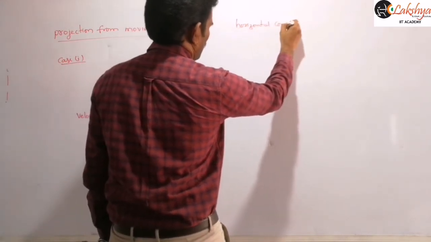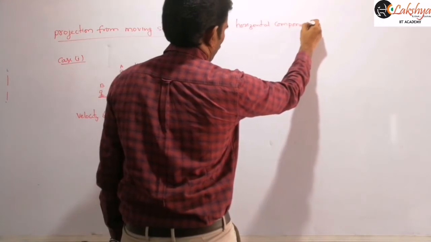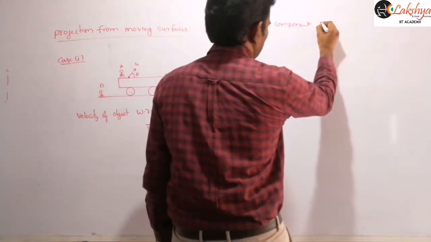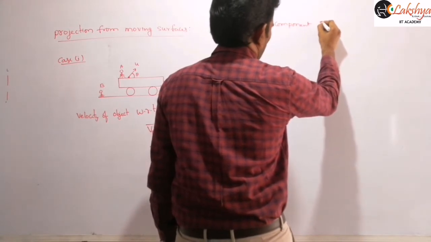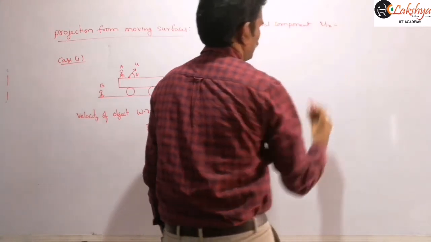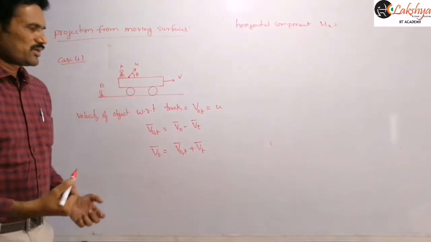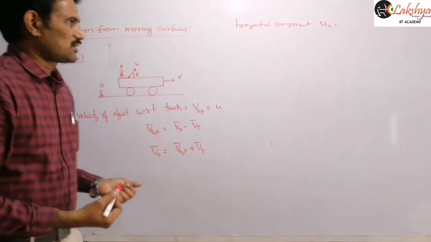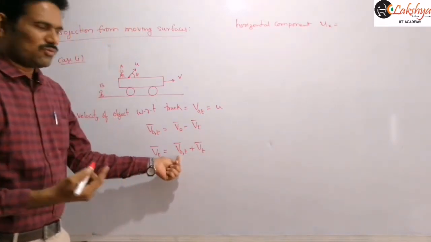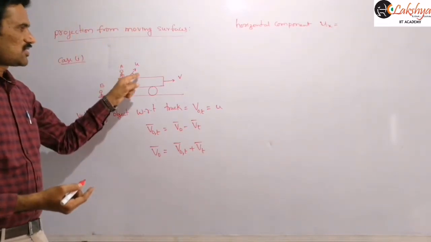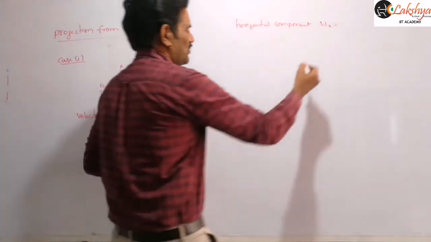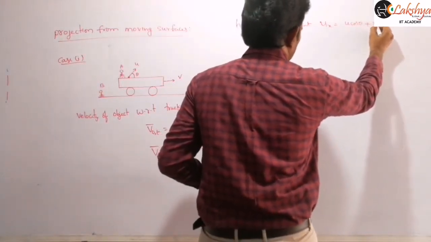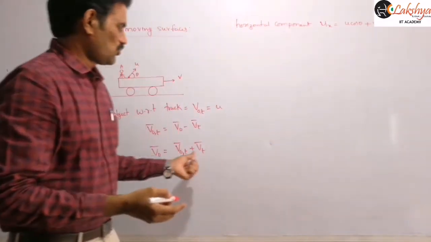So the horizontal component, let it be ux, our general standard notation. Then the horizontal component of the object with respect to the ground: with respect to the truck, we write u cos theta plus v, the velocity of the truck, both are in the same direction.